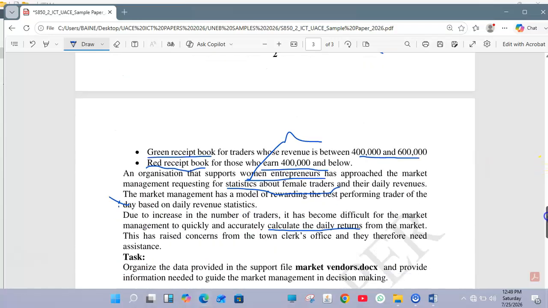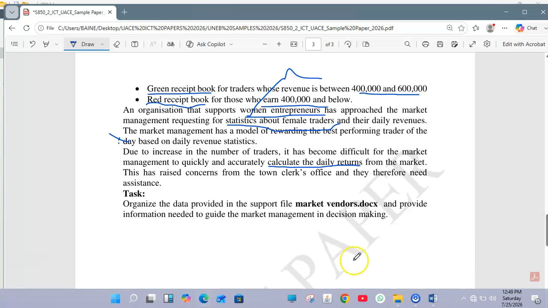So they are saying this has raised concern from the town clerk's office, and they therefore need assistance.